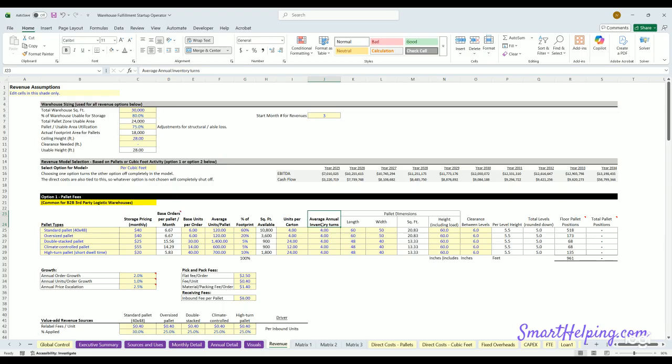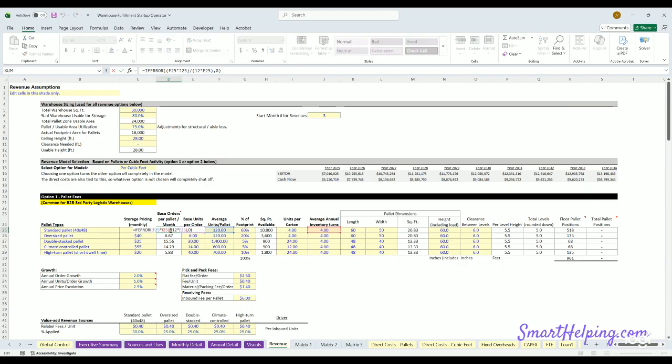So annual average inventory turns is how we're getting to a couple different things, mainly the base orders per pallet per month. And that's basically saying if there's 120 units on a pallet and they're doing 4 turns a year, that means the 120 units are going out 4 different times for that pallet space. And then based on the units per order, we can derive the orders per pallet per month.